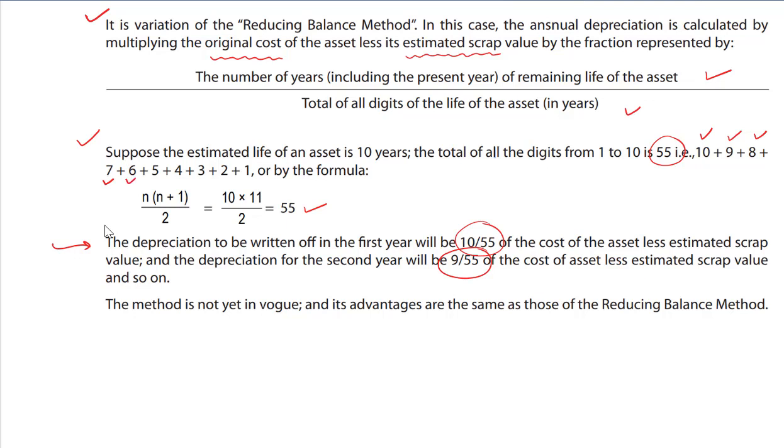The fifth year will be 6 by 55. The sixth year will be 5 by 55. The 7th year will be 4 by 55. The 8th year will be 3 by 55. The 9th year will be 2 by 55. And finally, the depreciation for the 10th year will be 1 by 55.